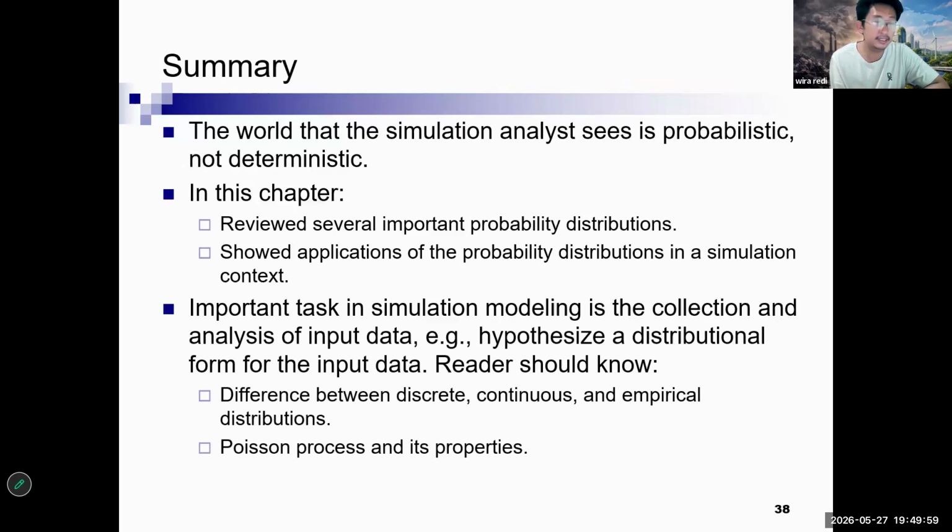So in summary, this is the end of the discussion of statistical models. You have been learning that simulation basically deals with probabilistic systems. The real world may contain many random events. Therefore, a simulation model needs to address which appropriate statistical distributions could be used.